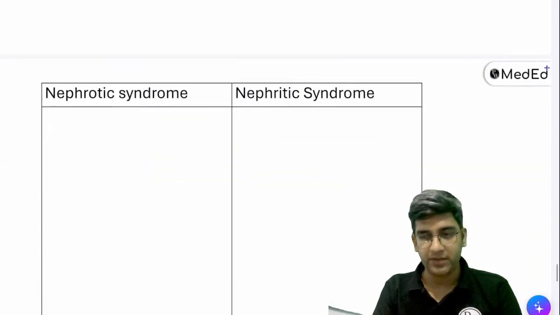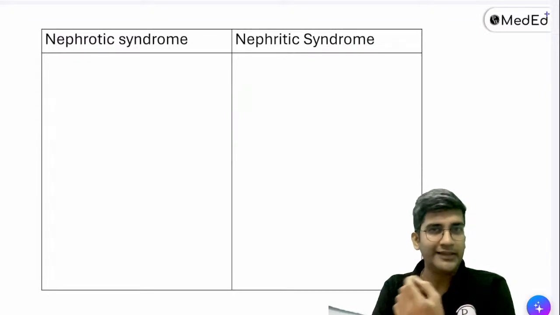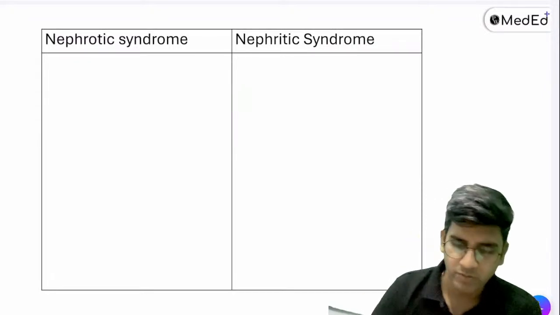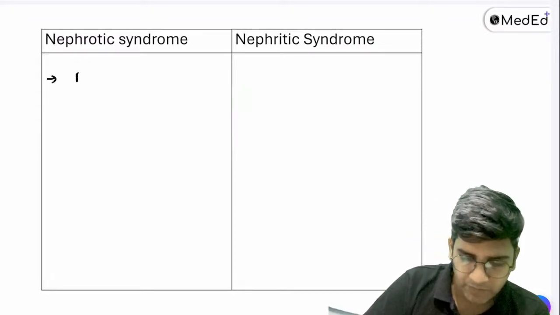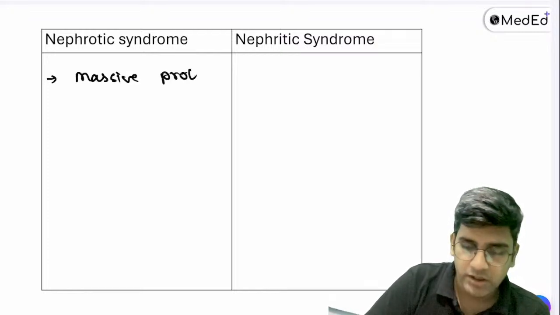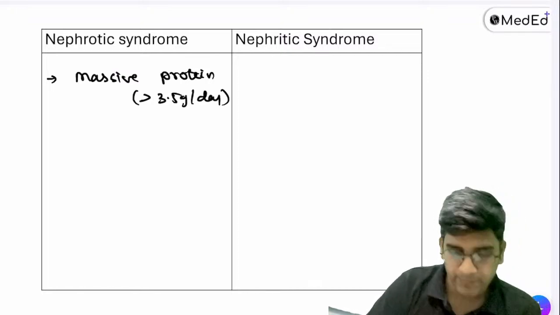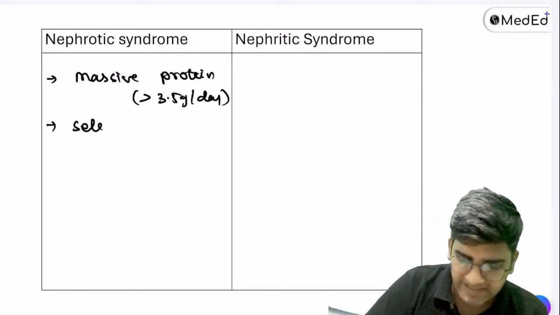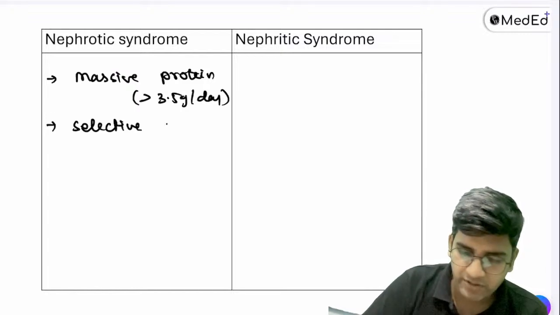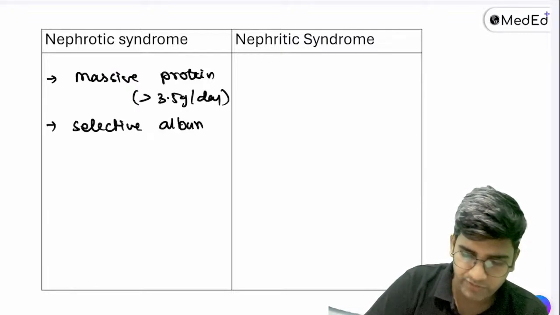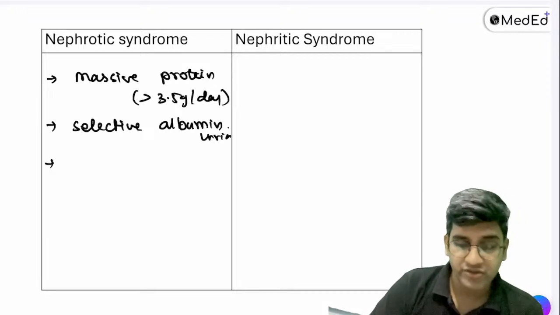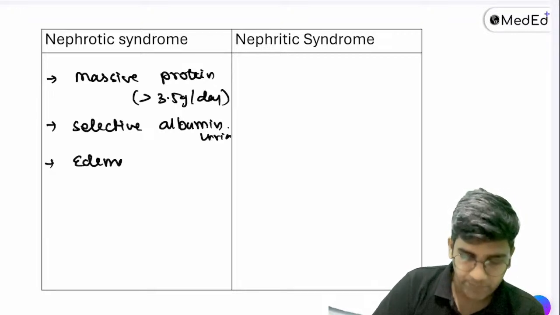Fine. Okay, perfect. Now let's have a quick look at the differences between nephrotic and nephritic syndrome. Most of you must have already known it. I'll have here a massive proteinuria, which is more than 3.5 grams per day. Only then I'll call it a massive proteinuria. Mostly they'll be selective. There's a possibility of non-selective also, not required for an undergrad. Selective albuminuria. Because of that, the patient will have an edema.